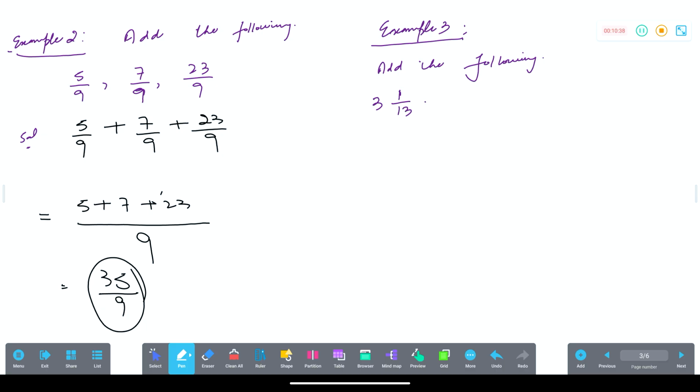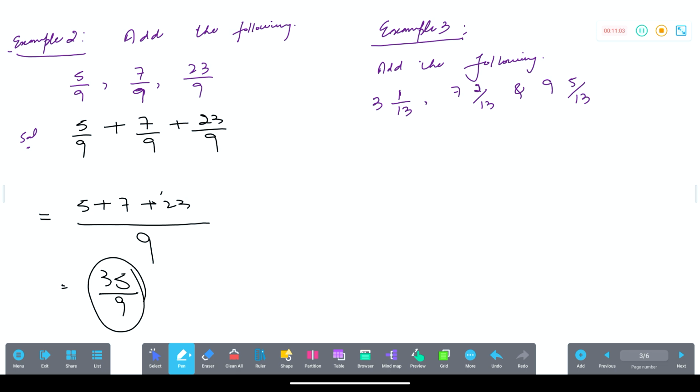Comma, 7, 2 by 13, comma, and 9, 5 by 13. You can clearly see they all are mixed fractions. Not necessary that all have to be mixed fractions, but here in this example, all three fractions are mixed fractions.